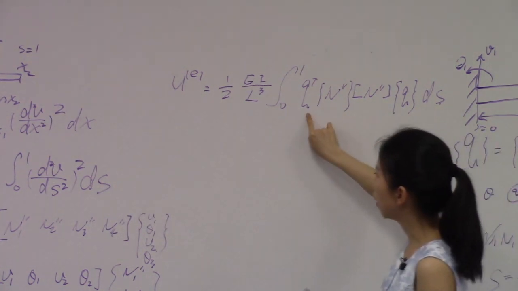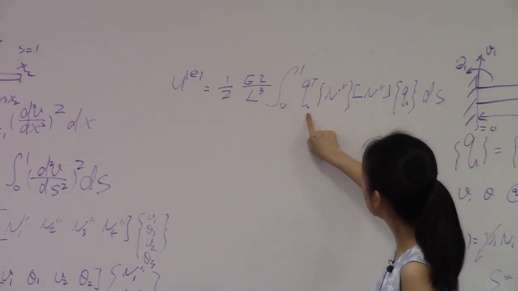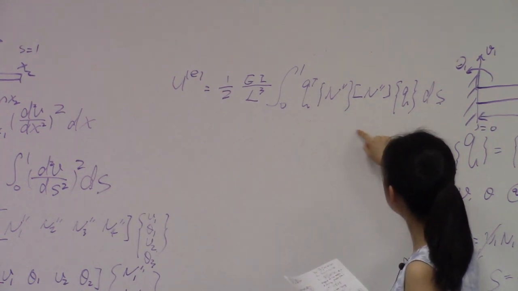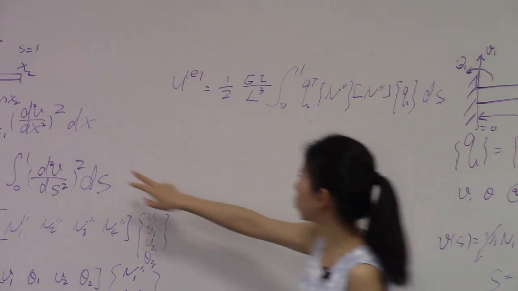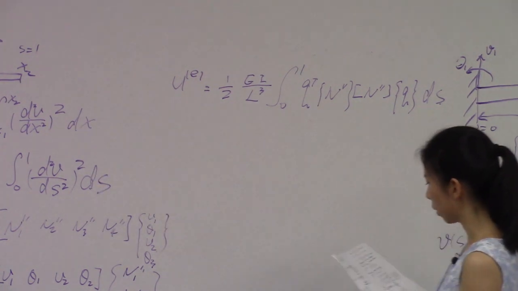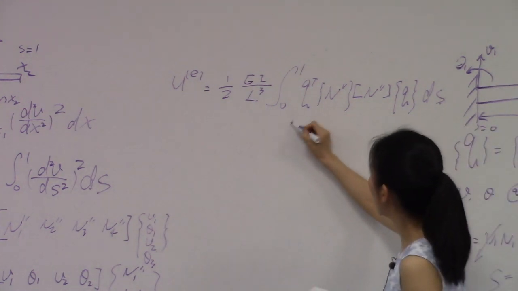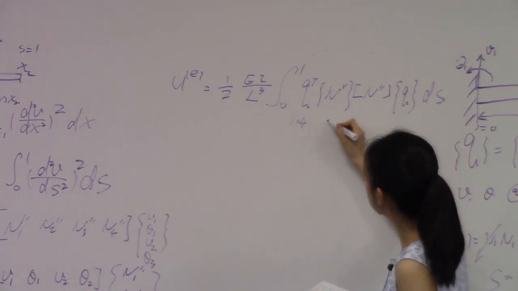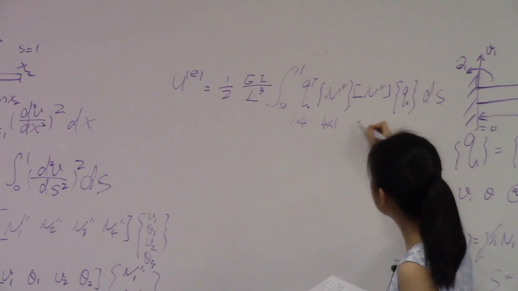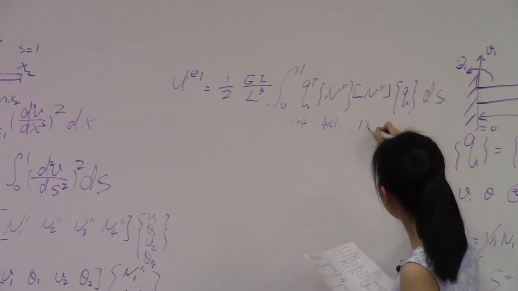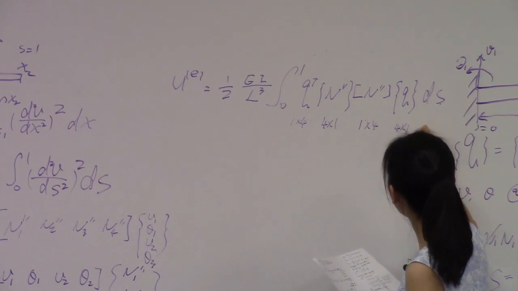So this is a row vector, column vector, row vector, column vector. So this is the square here. For this part, this is a 1 by 4 row vector, and this is 4 by 1, and also this is 1 by 4, 4 by 1.